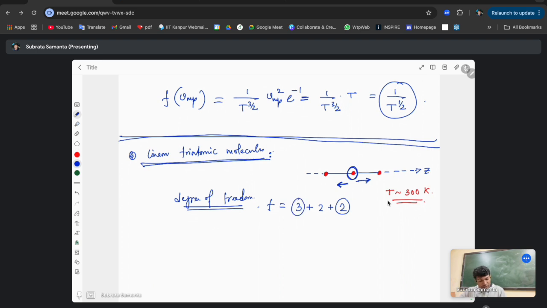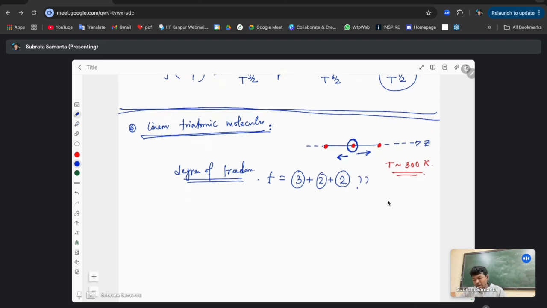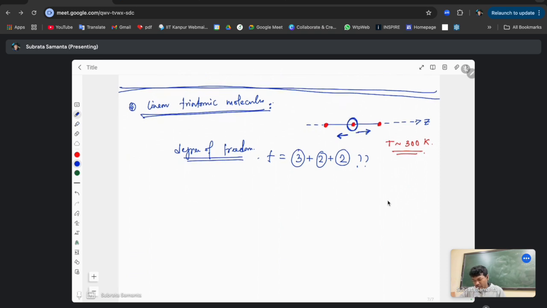For the rotational case, they can rotate about the x-axis or about the y-axis, right? So that's why it's two. So now it's not clear. Okay, let's discuss it in this way. First of all, I consider the translation mode.